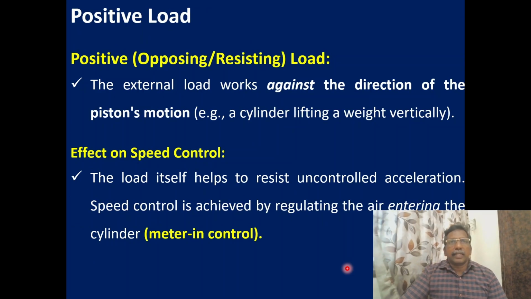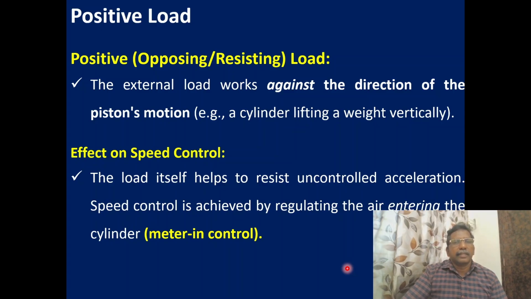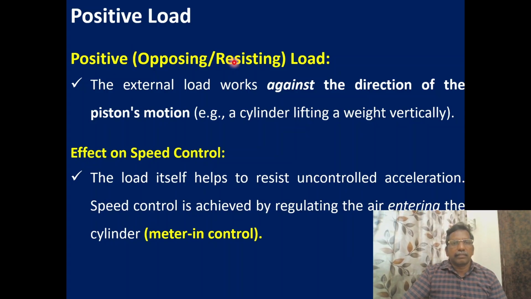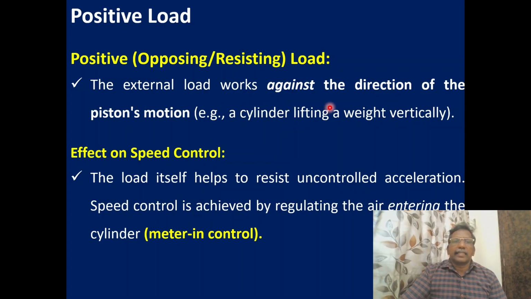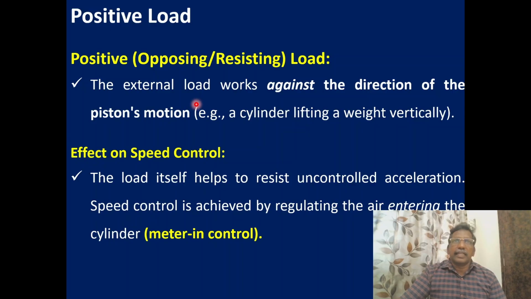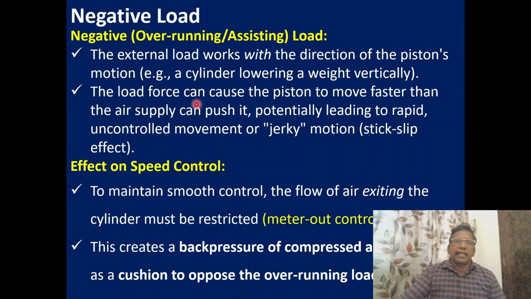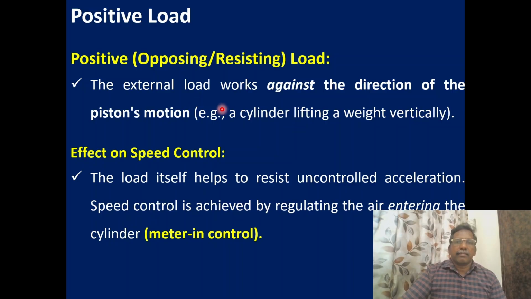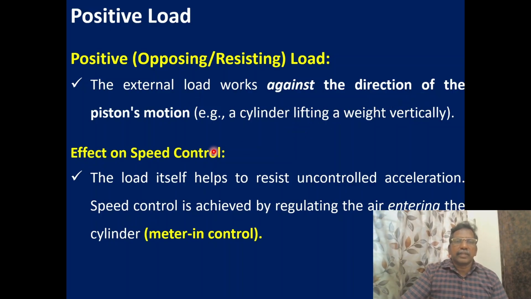So here we come across the terms positive load and negative load. What do you mean by positive load? Any idea? We can call it an opposing load or resisting load. The external load works against the direction of the piston motion, not in the direction, but against the direction of the piston motion.